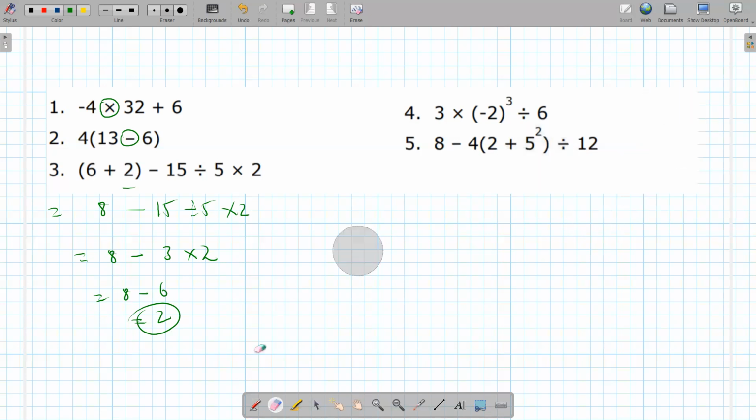So go to 5. What do we do first? 2 plus 5. There's a squared there. So 2 plus 25? Yes. And then? 27 divided by 12.